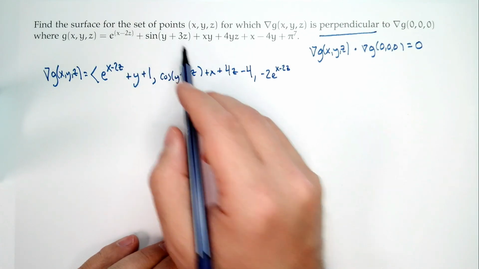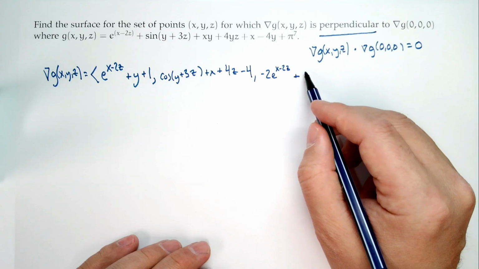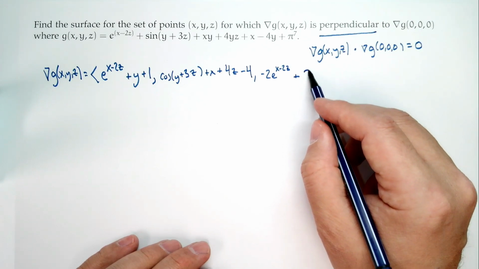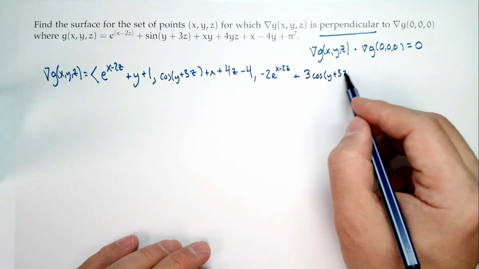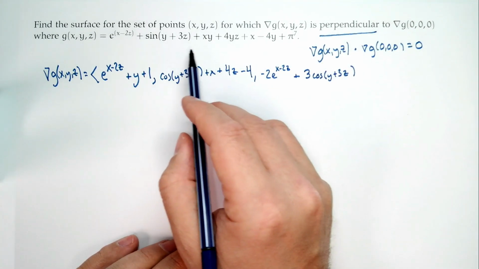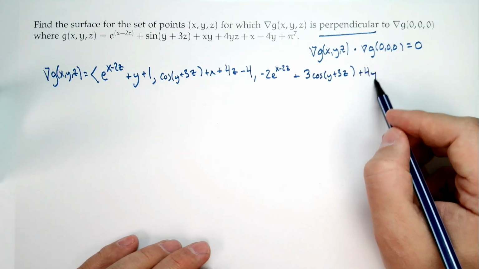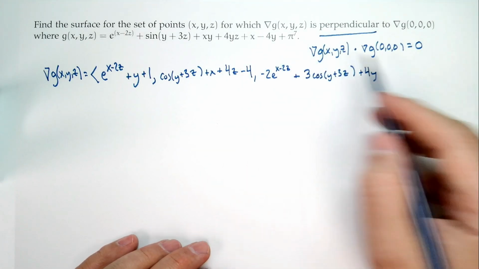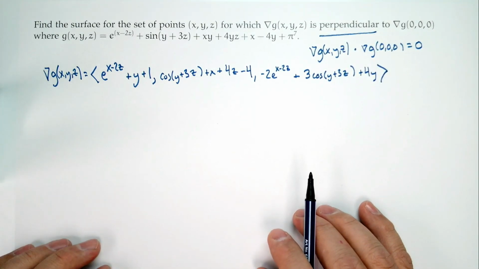And there's another z, chain rule, so plus 3 cosine of y plus 3z. And there's a z there, plus 4y. And that's it for z. Done. So there's our gradient of g.